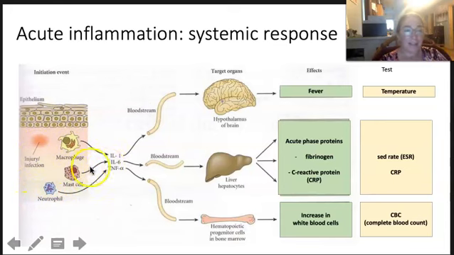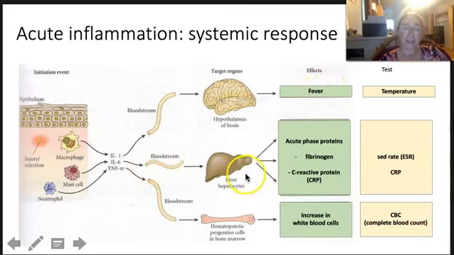They are secreting lots and lots of cytokines that go through the bloodstream. This is a type of endocrine communication where cells in one place are secreting a chemical that flows through the bloodstream to other places to signal other tissues. They can signal the hypothalamus, which controls body temperature, and induce a fever.